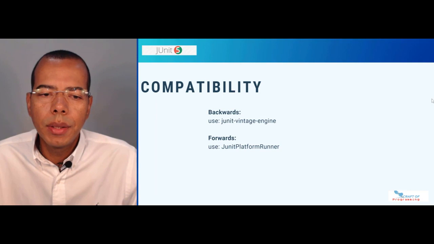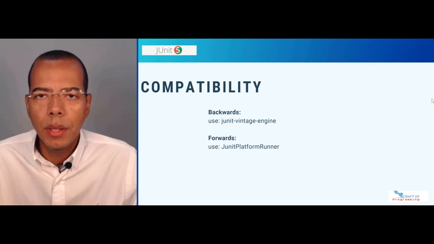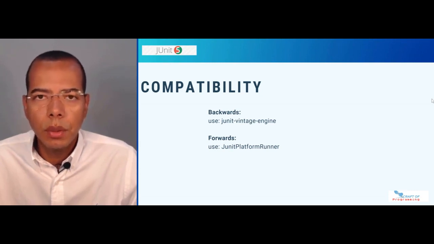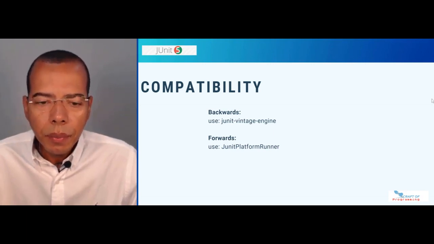So lastly, compatibility. This is a way for you to migrate existing JUnit 4 tests easily onto the JUnit 5 framework, or engine, I should say. And it's basically through the JUnit Vintage engine. So you don't have to modify your tests against the Jupiter API, which is the new API in JUnit 5.